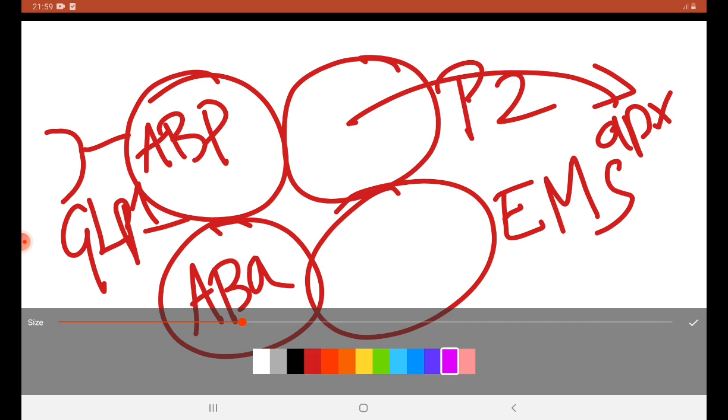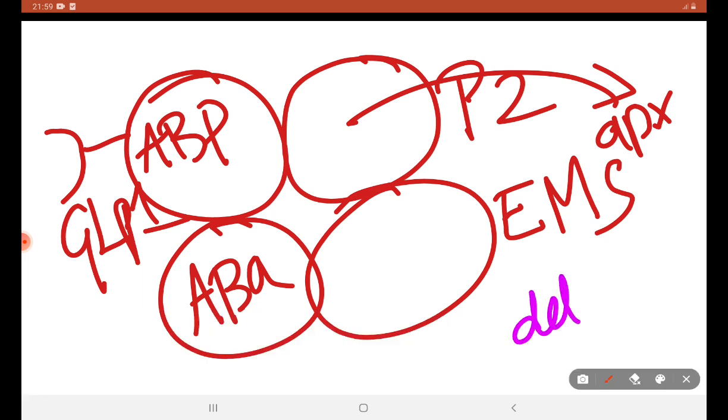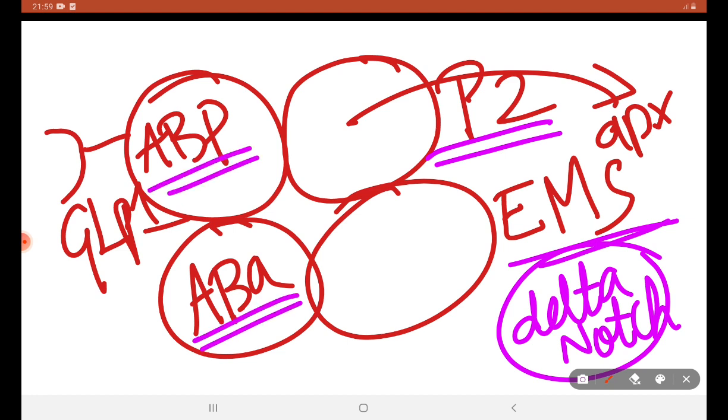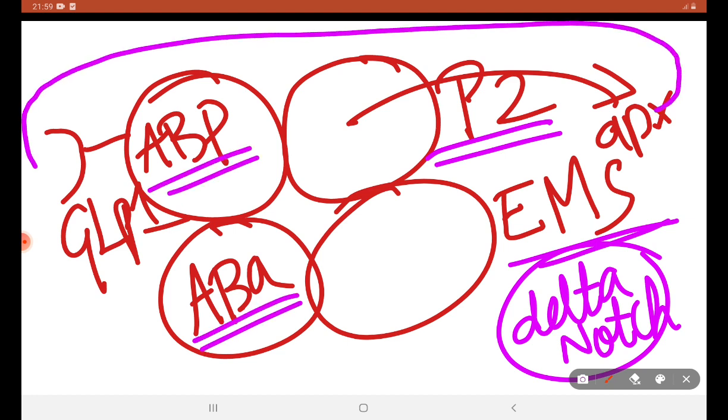Again the signaling is delta notch. Here P2, EMS, ABP, ABA. This APX will go and attach to ABP. This is a kind of signaling system understanding between stem cells and founder cells. Okay, it is in delta notch pathway.